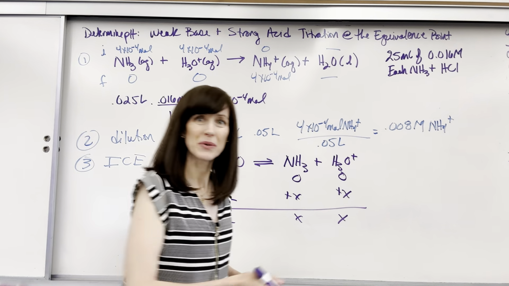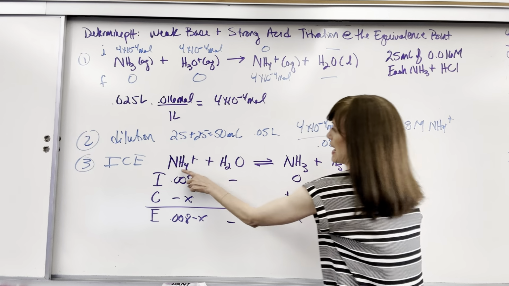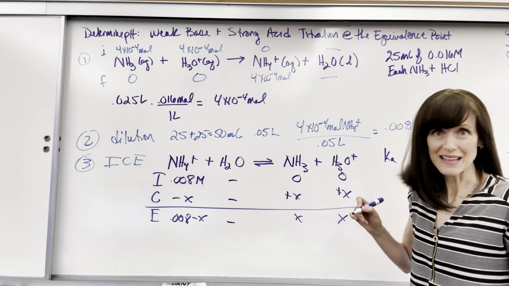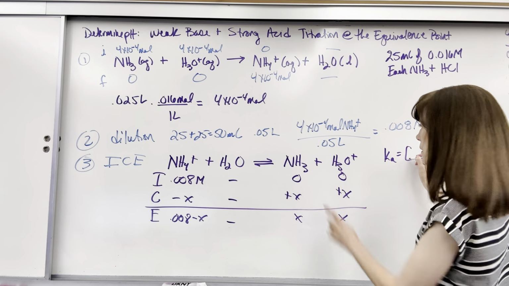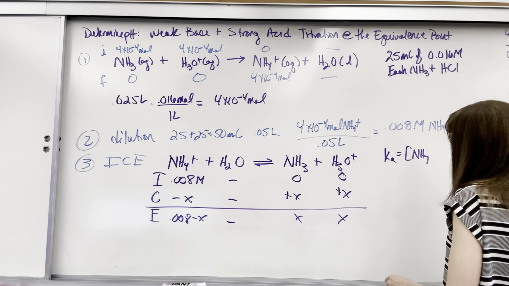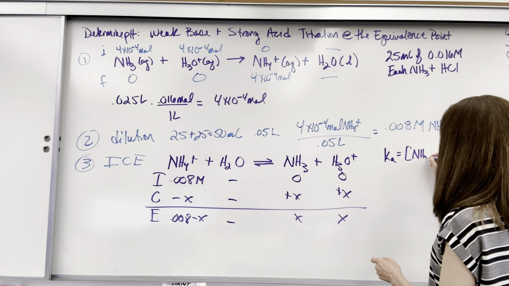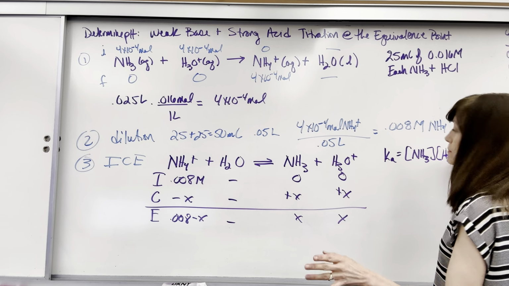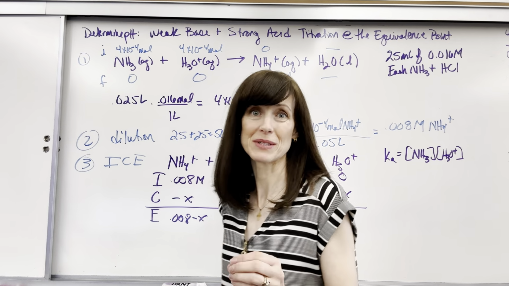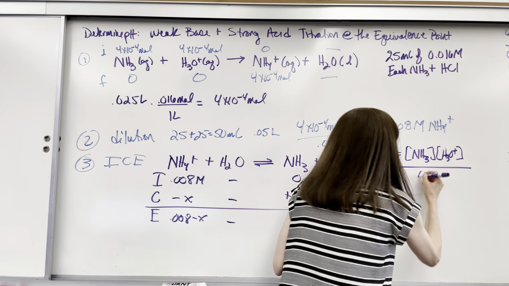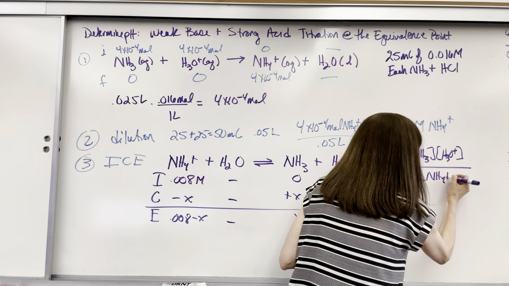Let's write down the equilibrium expression. This is an acid in the water, so this will be a Ka equals my ammonia times the hydronium, or excuse me, not plus, be so careful. That is multiplied, that is always multiplied, divided by my ammonium.